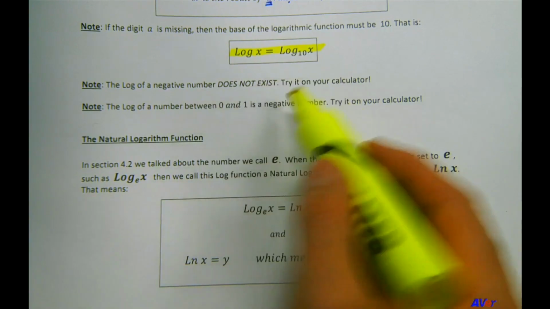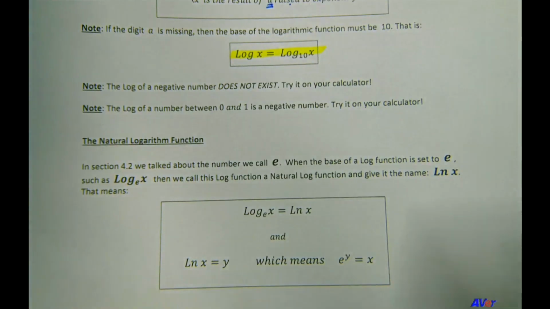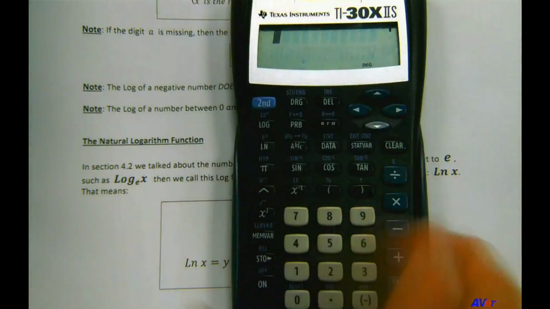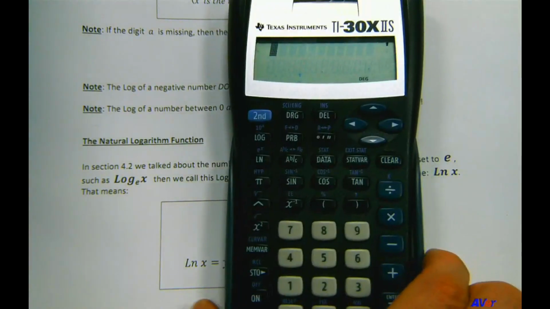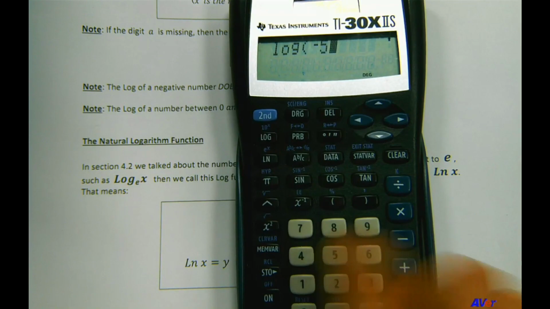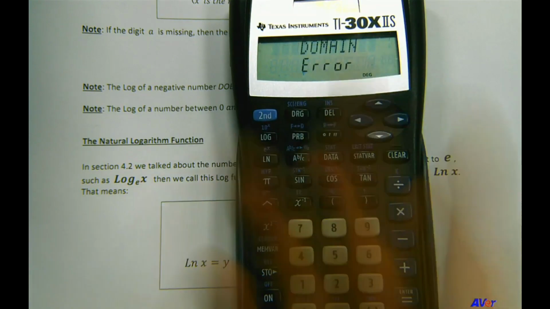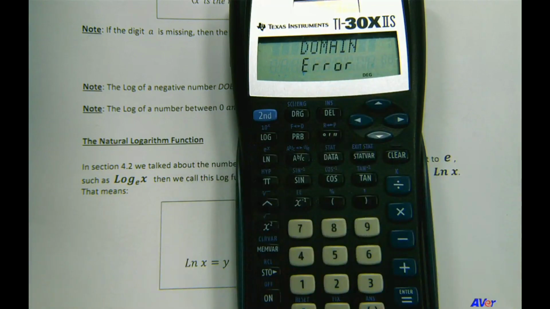As I suggest here on this paper, try it on your calculator. Let's do that. I'm going to take the log of negative 5. This does not exist. When I press enter, it says domain error. You see that?